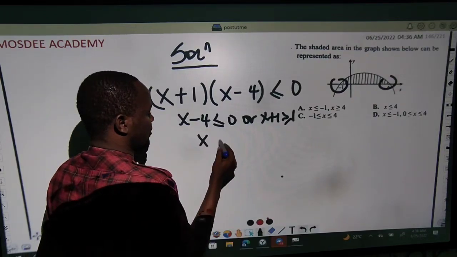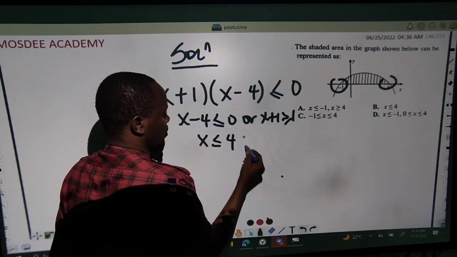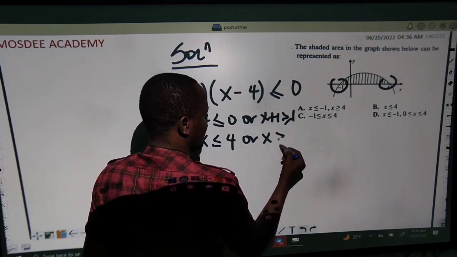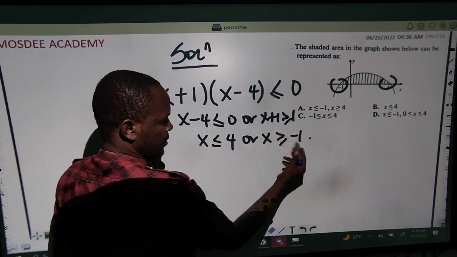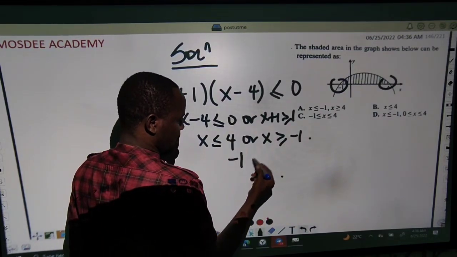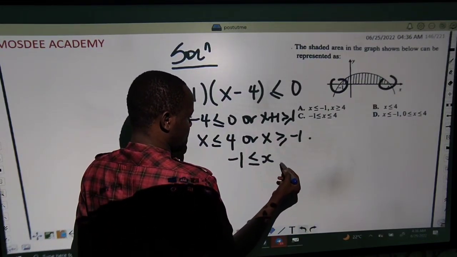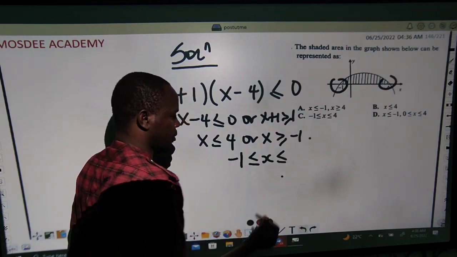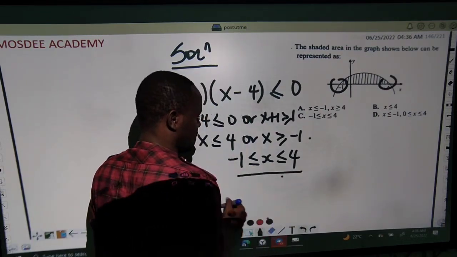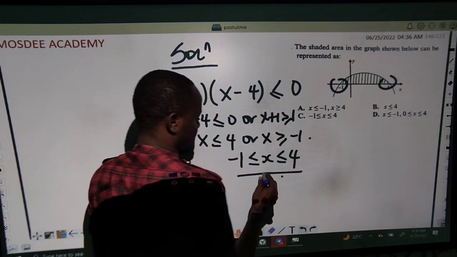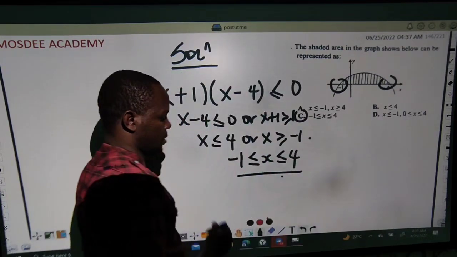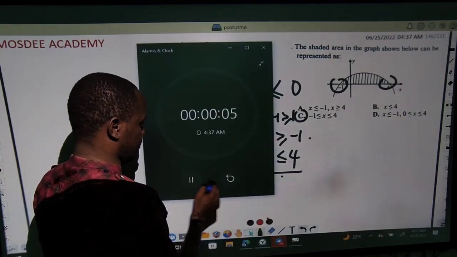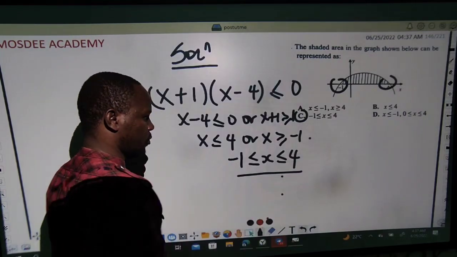Combine: x is less than or equal to 4, or x is greater than or equal to -1. When you interchange this, it says -1 is less than or equal to x, which is less than or equal to 4. So x is greater than -1 but less than 4. I think this is the option, and I was able to finish within the time. We move to the next one.